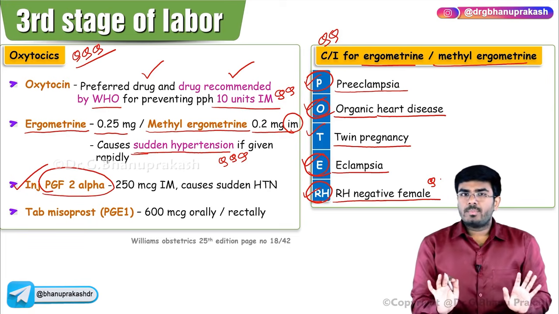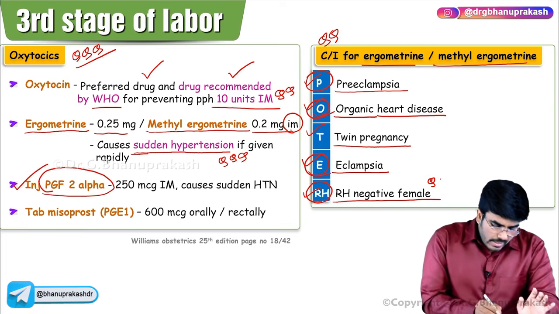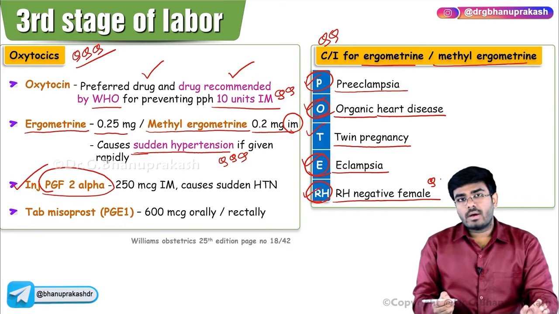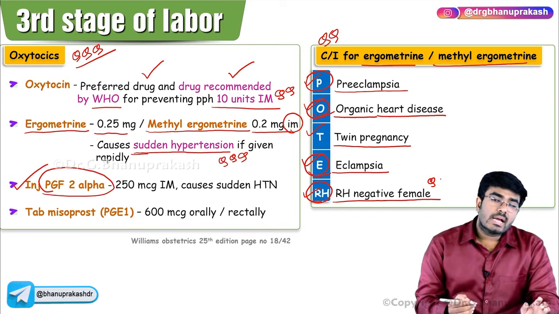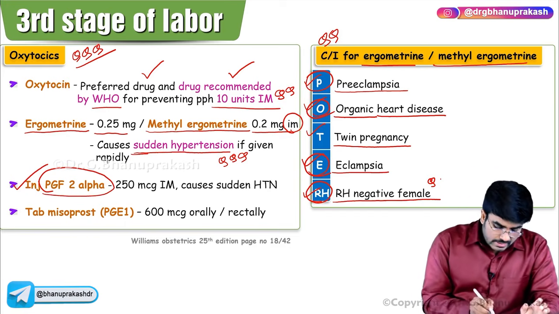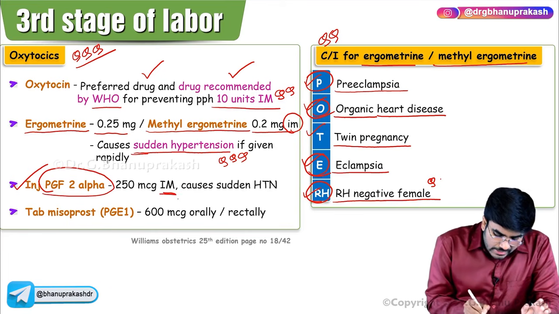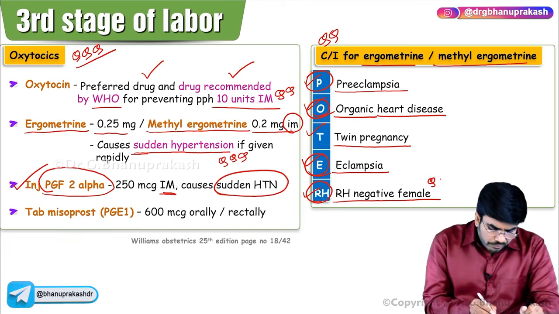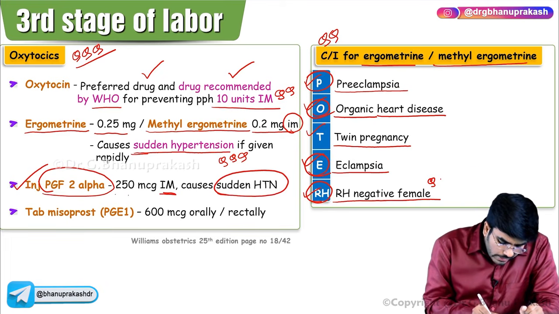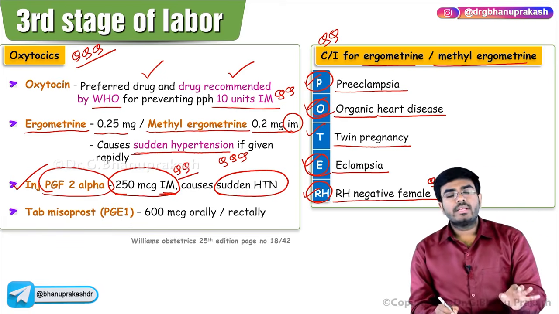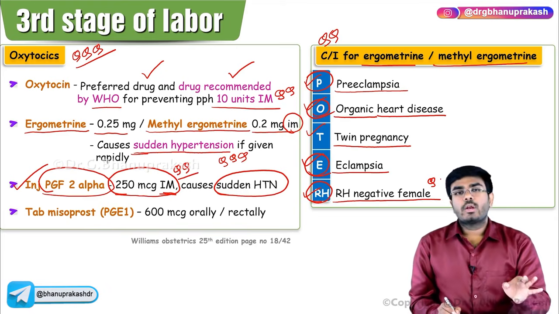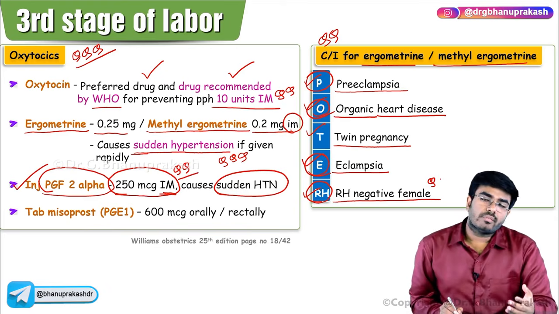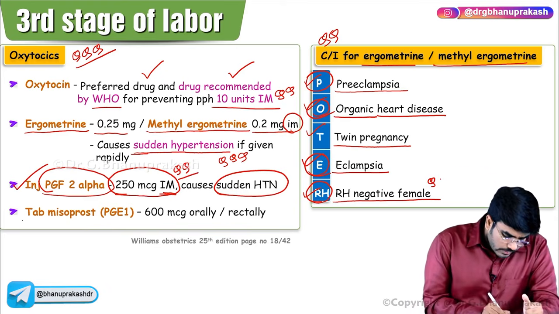But as of now, please remember this point: prostaglandin F2 alpha, which is also known as carboprost. This is given intramuscularly and it also causes sudden hypertension. How much do we have to give? 200 micrograms. This is very important. So 200 micrograms IM, it also causes sudden hypertension. Ergometrin or methyl ergometrin will also cause sudden hypertension.